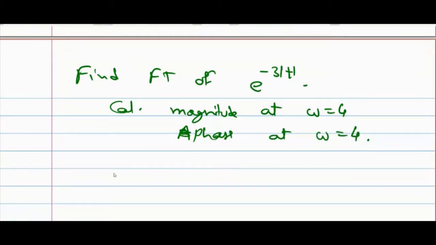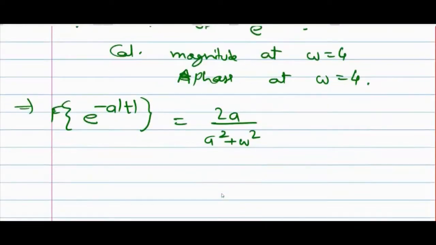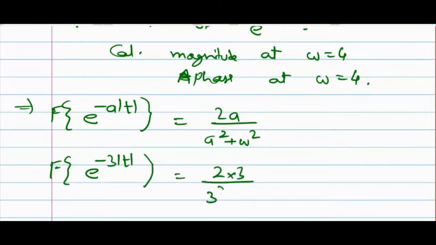So e raised to minus a mod t has Fourier transform 2a upon a square plus omega square. Here a is 3. So e raised to minus 3 mod of t has Fourier transform 2 into 3 upon 3 square plus omega square. That means 6 upon 9 plus omega square. This is the answer.